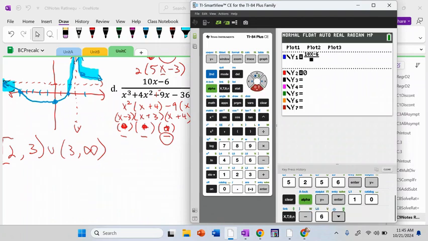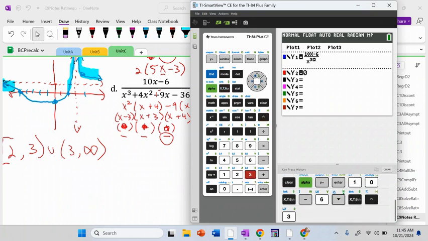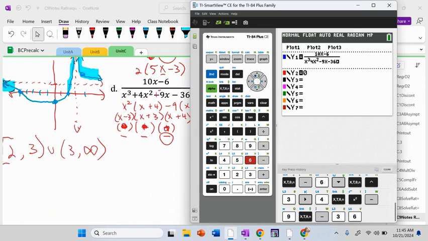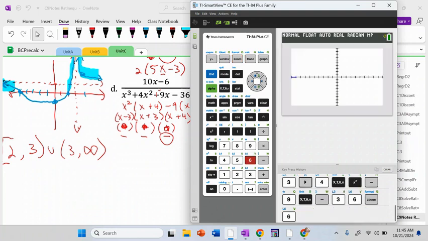I'm just curious to see the graph and make sure I did this right. X cubed, 4x squared minus 9x minus 36. We can leave y2 equals 0. Zoom standard 6.